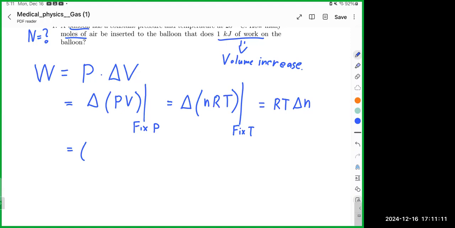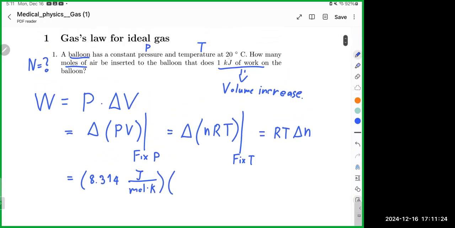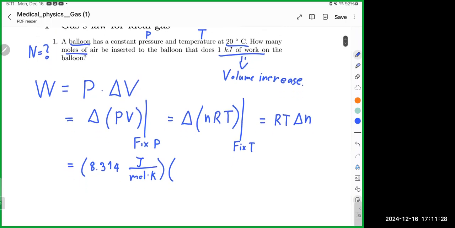For this case, R is 8.314 joules per mole Kelvin. Okay. And T is 20 degrees Celsius. You have to convert it into Kelvin. You have to add 273.